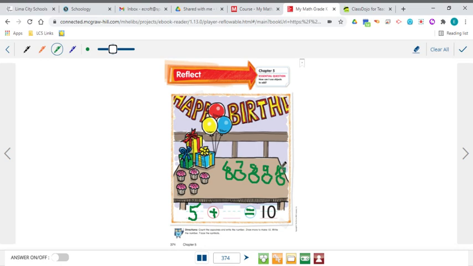And that's what they told us to do, to draw more until we got 10. So how many more did you have to draw to get to 10? So you drew this one, 1, 2, 3, 4, 5. You drew 5 more to be 10. So 5 plus 5 equals 10.